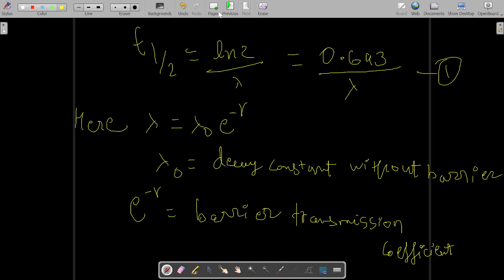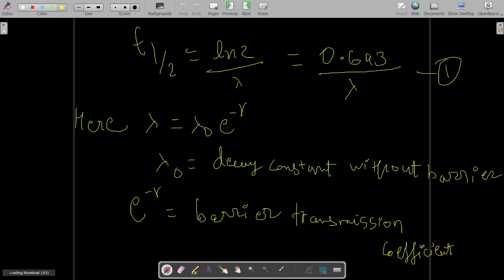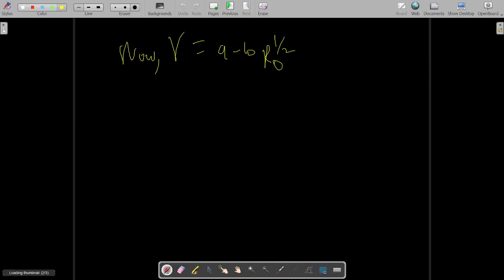Now gamma is equal to, this part you have to simply mug up, gamma is equal to a minus b r naught to the power half. Substituting this value over here, you get something of this kind.